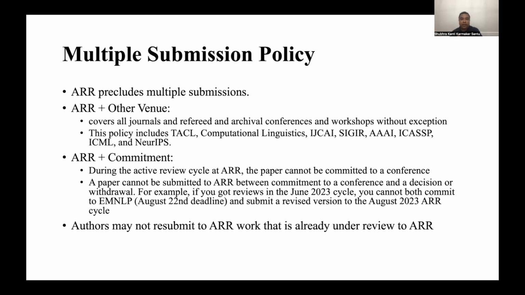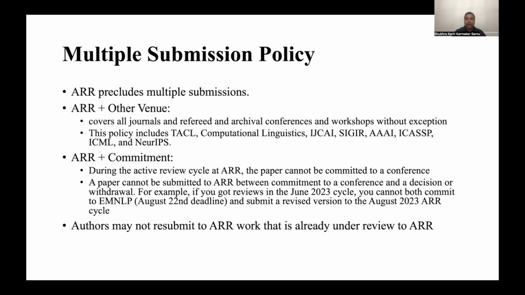And in terms of commitment, during the active review cycle of ARR, a paper cannot be committed. So a paper can only be committed to a particular venue once the reviewing cycle at ARR is complete. And by completion, we mean that you receive the meta review as well as the individual reviews for your paper.